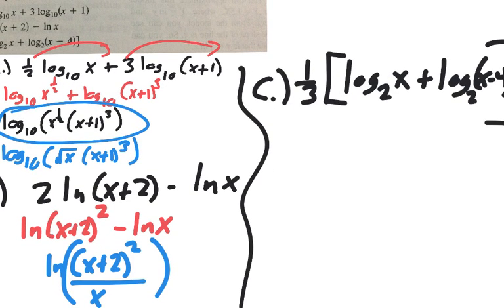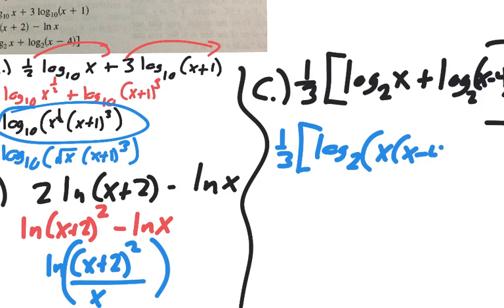Okay, so for me, because I've got those logarithms in brackets, I'm going to try to simplify inside the brackets first. Because it's all being raised to the 1/3, it'll be easier to move the 1/3 at the end. So I can simplify the addition of logarithms by multiplying my arguments. So I have 1/3 times log base 2 of x times x minus 4.